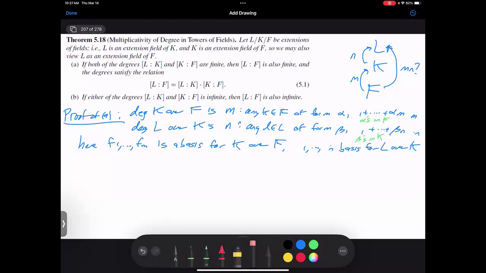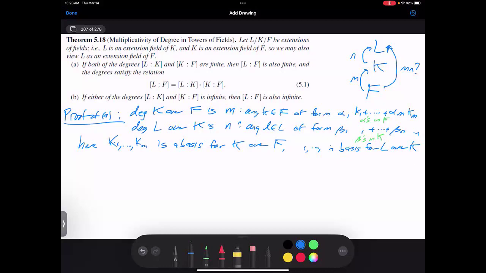So if I'm taking the basis elements, where should the basis elements live? The first one should live in K. So it should really be K1 through Km.